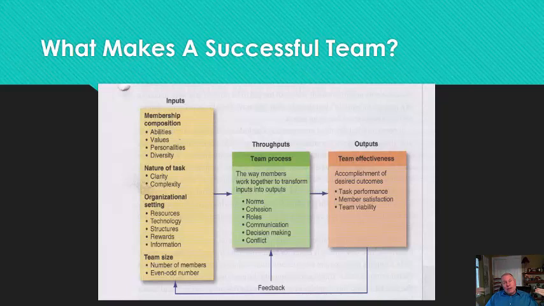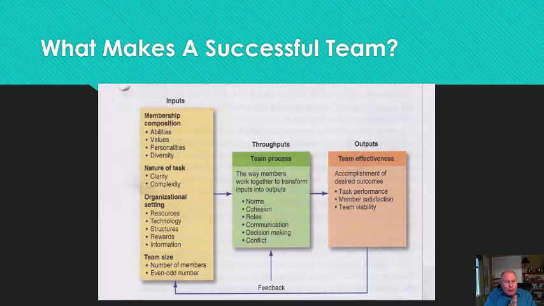Just think about that for a second. Should I have an odd or an even number of people? On the projects that we're going to work on over the next 2 weeks, we're going to try a team of 5. So odd, which I think can be optimal. Everybody has to participate, and we'll see how that goes. So those are the inputs that go into a team.